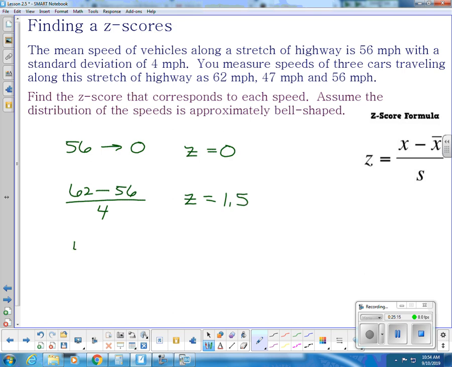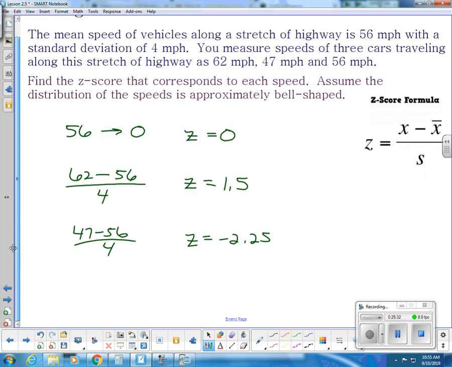All right, 47 minus 56. Divided by 4. So this is a little bit more unusual because it's more than 2 standard deviations below. Does that make sense? It's an easy formula. Okay? Anything beyond 2, it's going to be unusual. When they ask you that on MyMathLab, you're saying, yeah, that's unusual. All right.